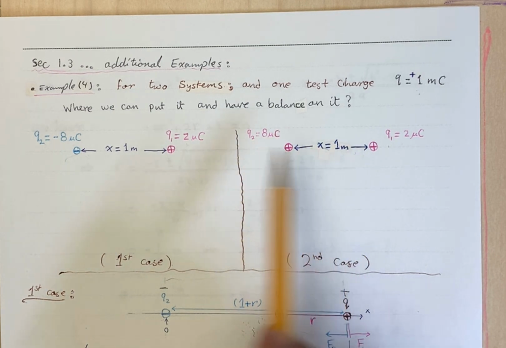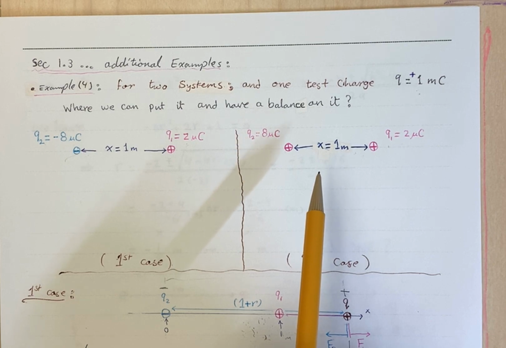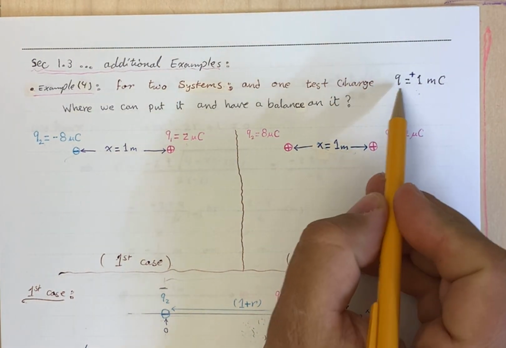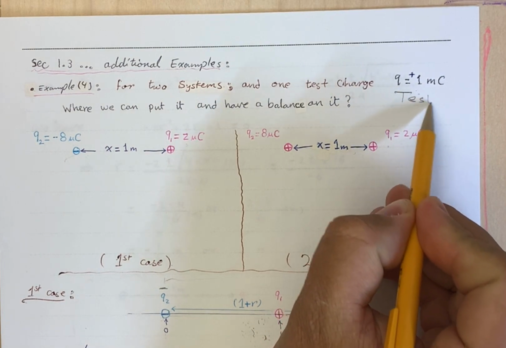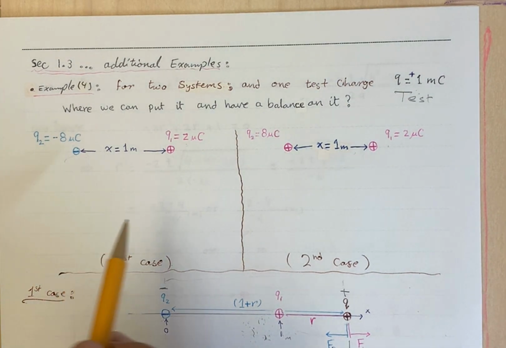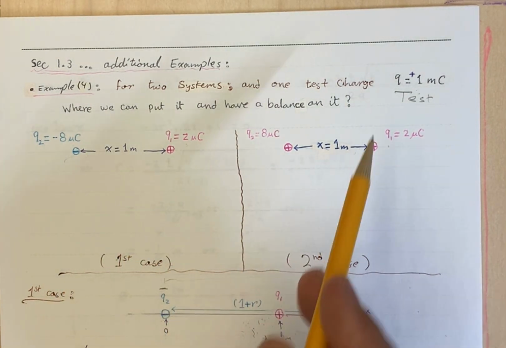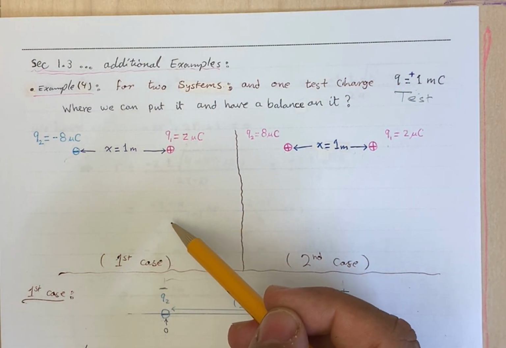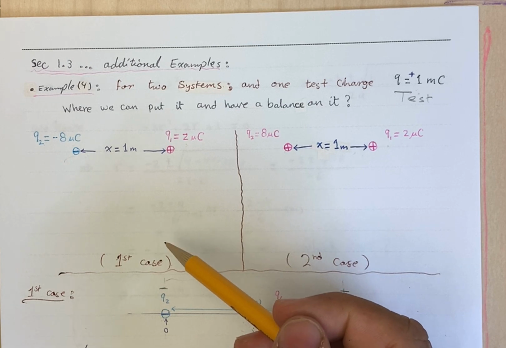Now, for these two systems, we need to use a test charge, which is 1 millicoulomb. Milli means 10 to the negative 3. We need to use this positive test charge in both systems to find the balance.